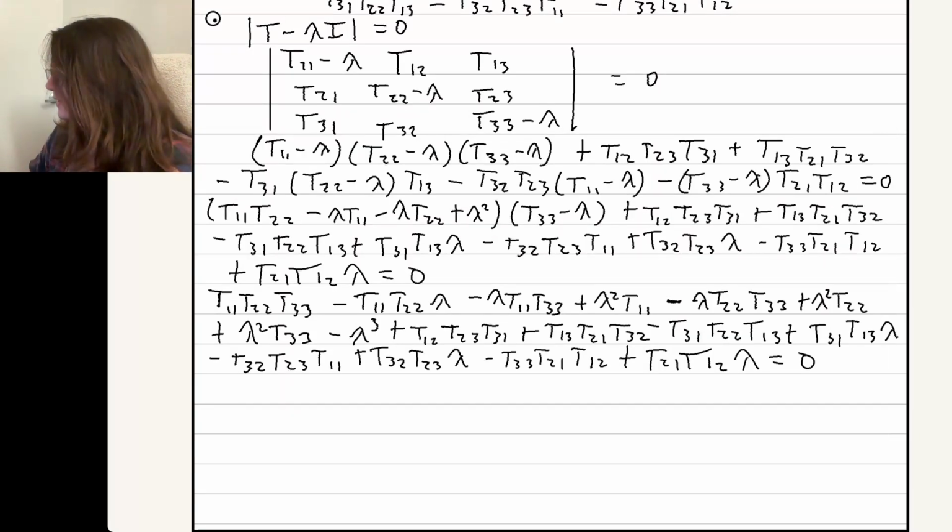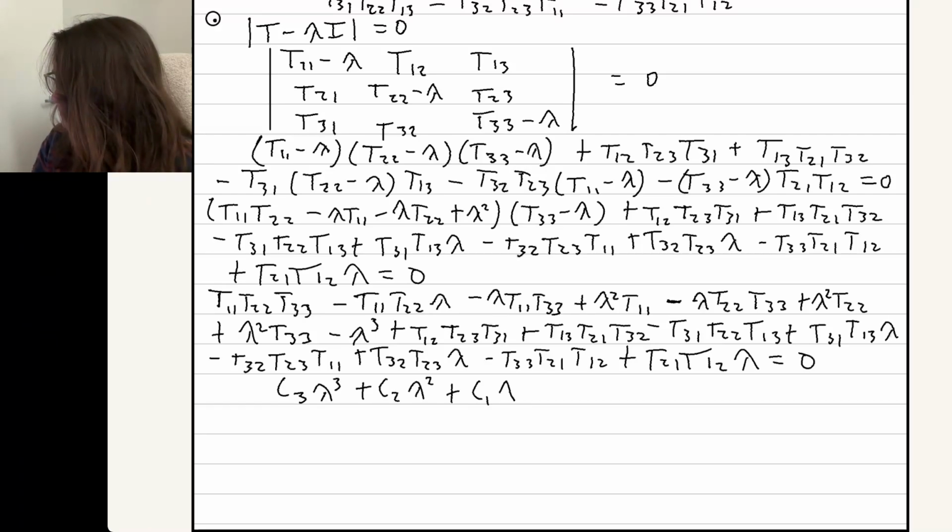Now we're going to recollect them like the characteristic equation A73. That's just saying we're going to have C3 lambda cubed plus C2 lambda squared plus C1 lambda to the 1 plus C0 lambda to the 0 equals 0.